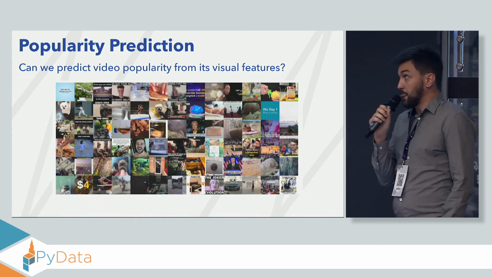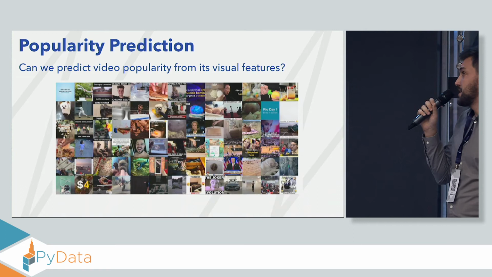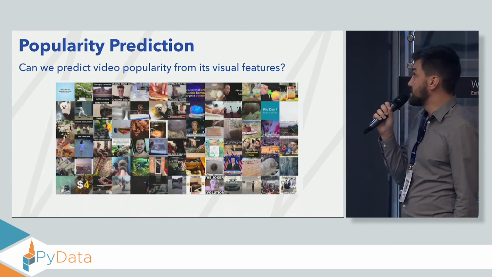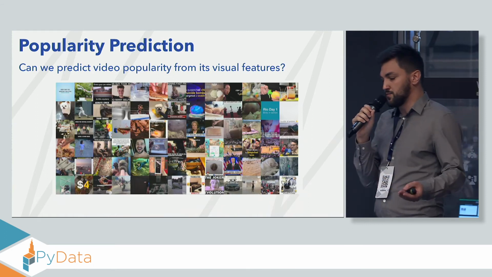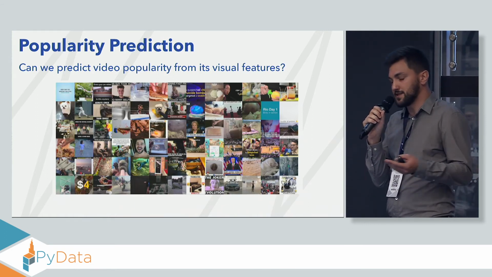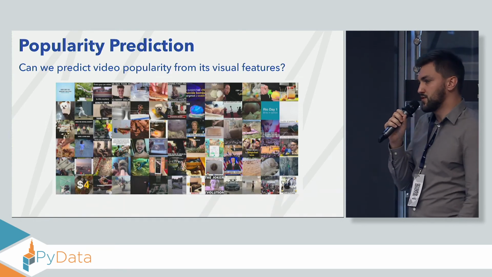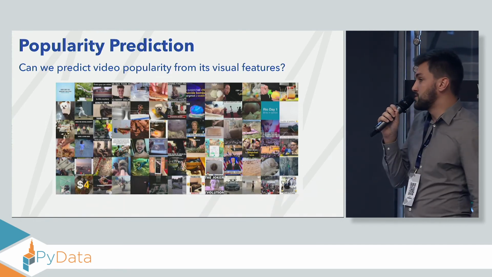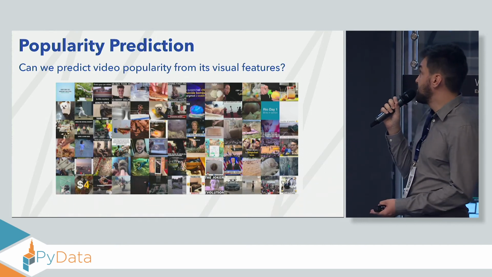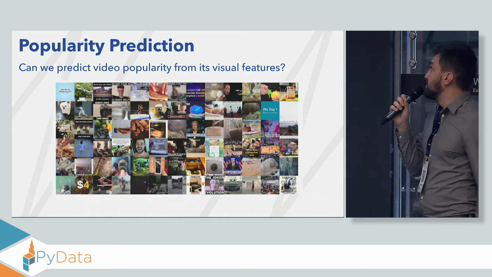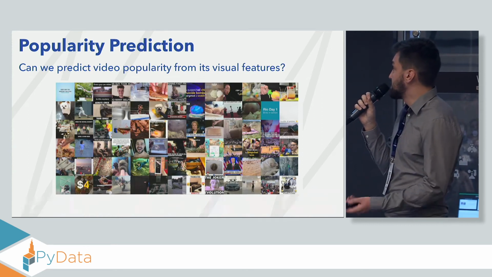And apart from this analysis, we can draw some conclusions of what users like, what kind of compositions, what kind of topics are attractive to users. And this might be important information for publishers as well, how to create these videos, maybe how to select a thumbnail, what users respond to.